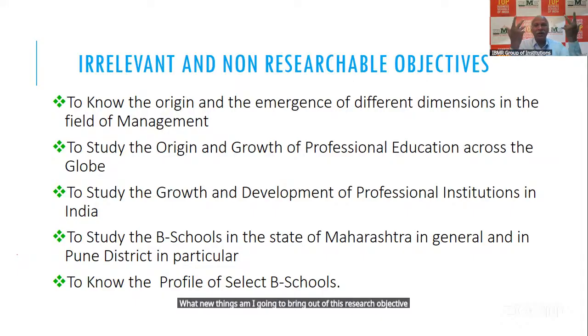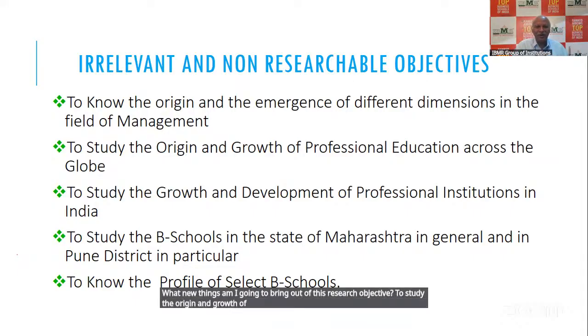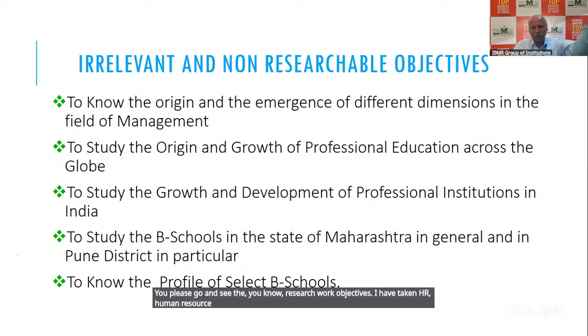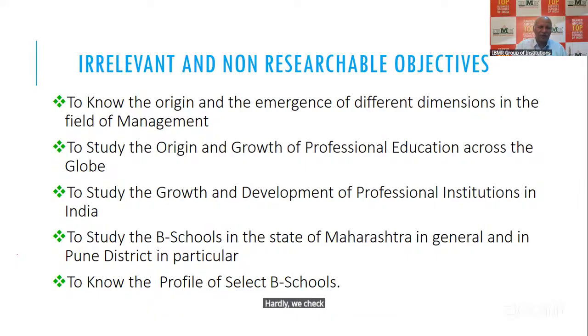To study the origin and growth of professional education. You please go and see the research work objectives. I have taken HR, human resource, whatever topic, economics, psychology, sociology, whatever topic is there, but objectives many times by and large are kept like this. Hardly do we check. Know the profile of select business schools is background. Introduce the research problem. Everything will come in the introduction.